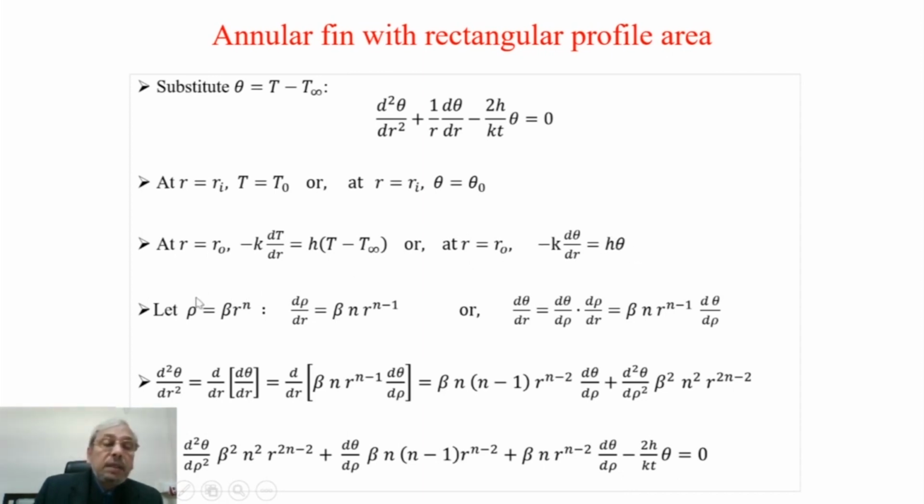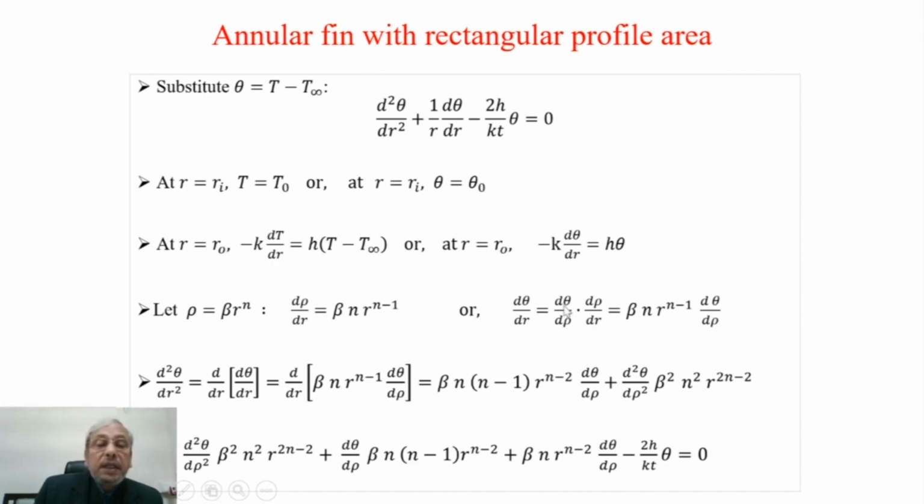Now we are bringing in a parameter rho, which we say is beta times r to the power n, so that d rho/dr equals beta n r to the power n minus 1. This will be needed because we are trying to find d theta/dr, which is d theta/d rho into d rho/dr.